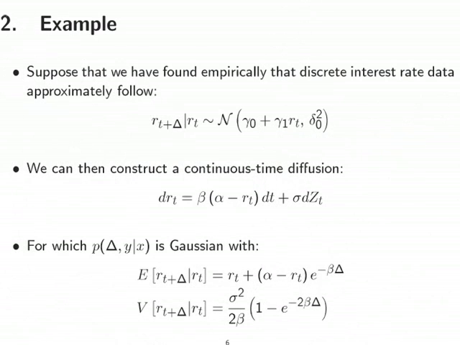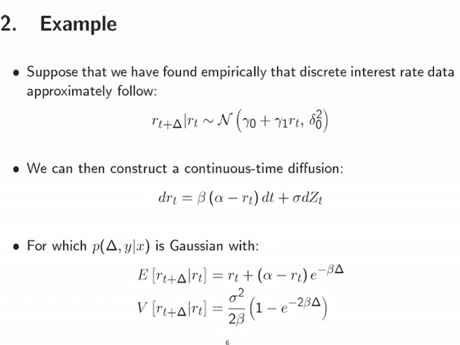Now, here's an example that shows you a direct, explicit answer to the question you're asking. The question you're asking is, you have some information about what happens at that discrete frequency. That may come from doing any sort of descriptive data analysis.